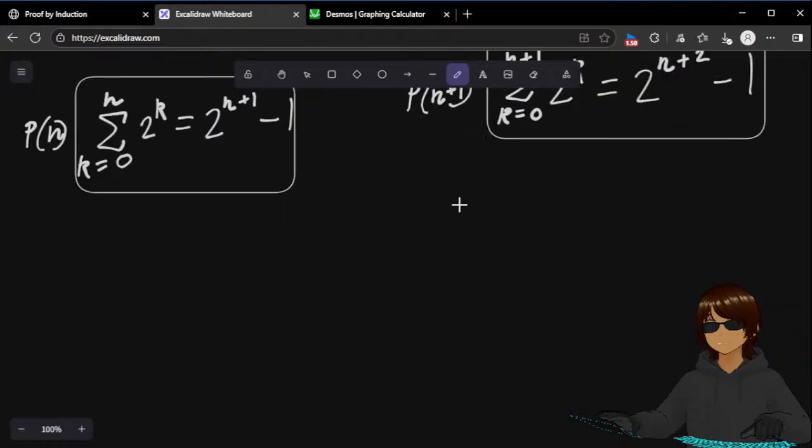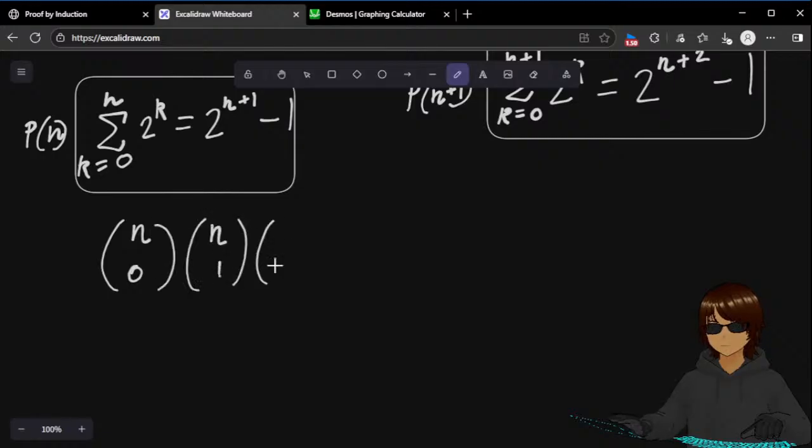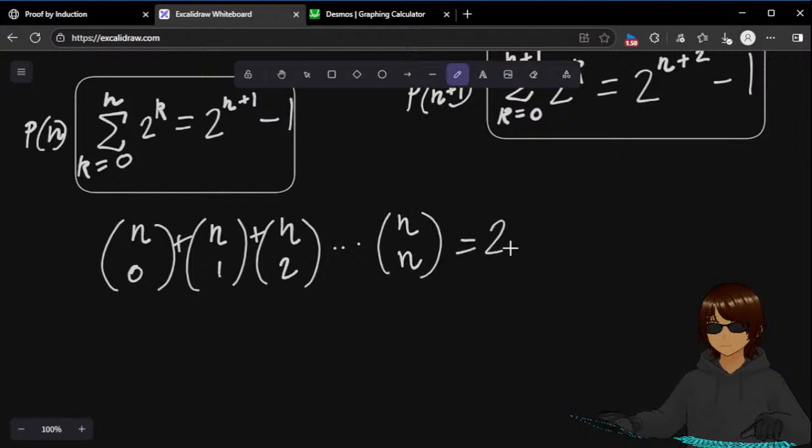Hold on, I think I have an idea. We can use combinatorics here. So like, can choose one, can choose two. Then we add it, right? Yeah, this is the binomial theorem basically.